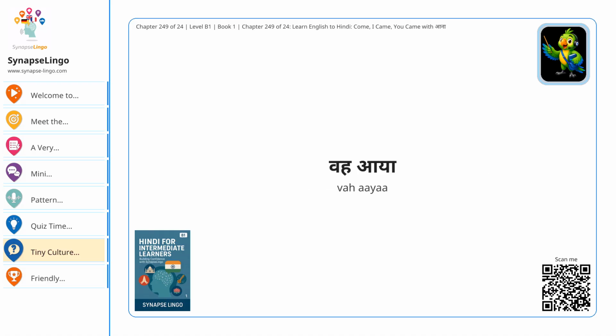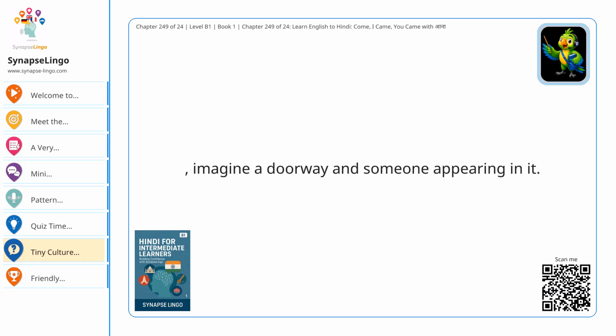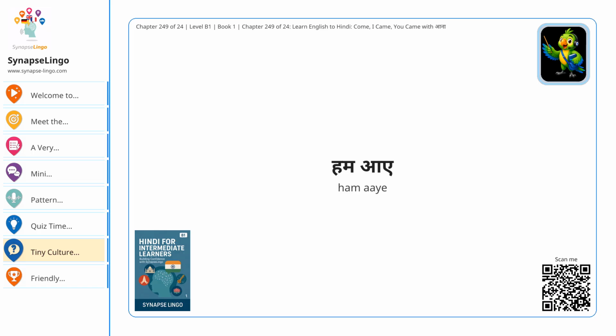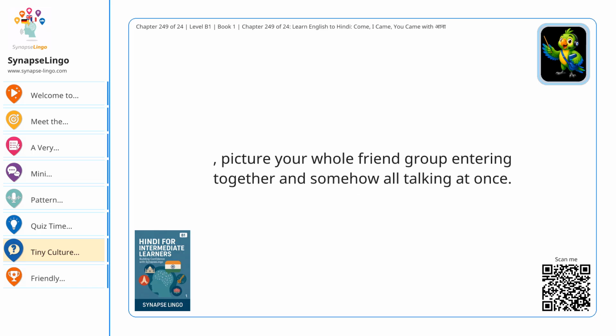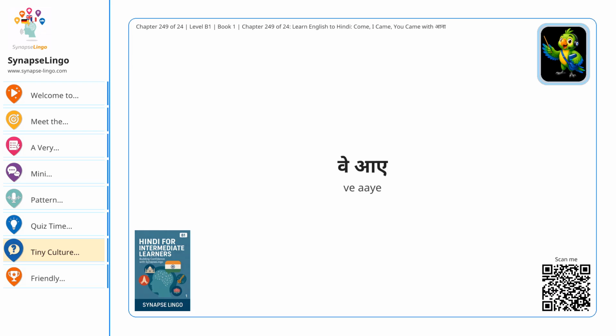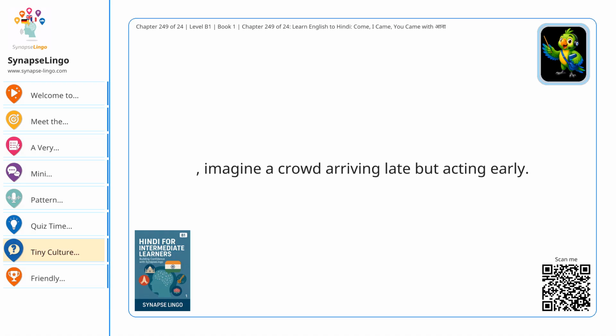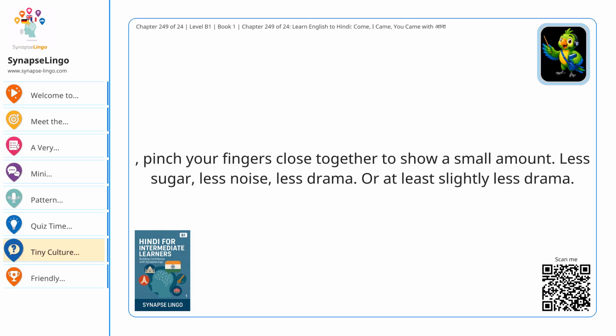For वो आया and वो आए, imagine a doorway and someone appearing in it. For हम आए, picture your whole friend group entering together and somehow all talking at once. For वे आए, imagine a crowd arriving late but acting early. For कम, pinch your fingers close together to show a small amount. Less sugar, less noise, less drama. Or at least slightly less drama.